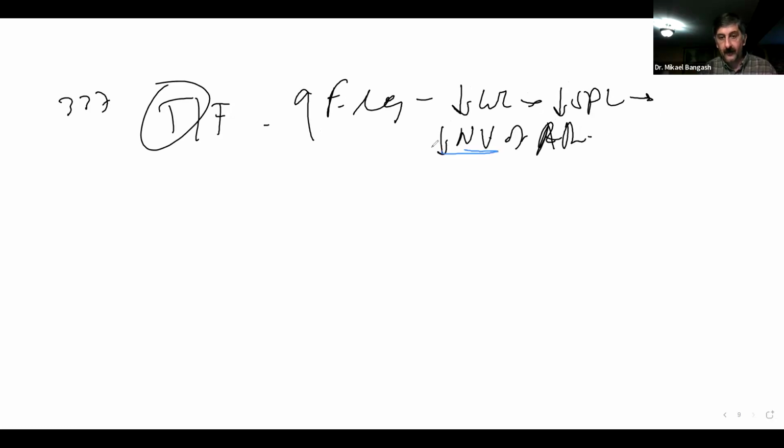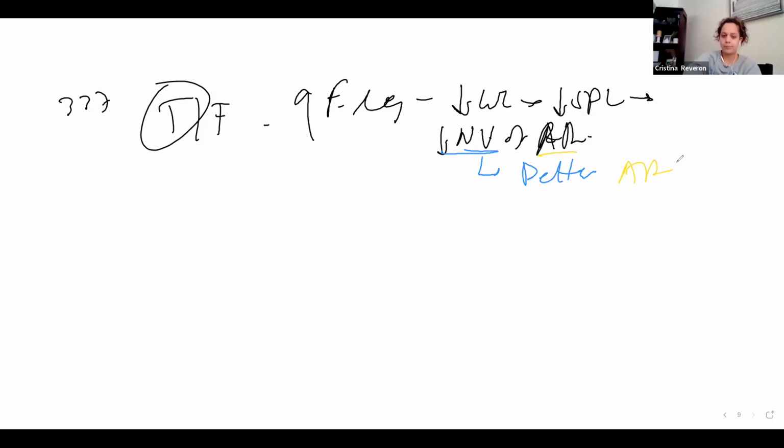And this lower numerical value of the axial resolution leads to a better axial resolution. Did you guys get that? Yes.